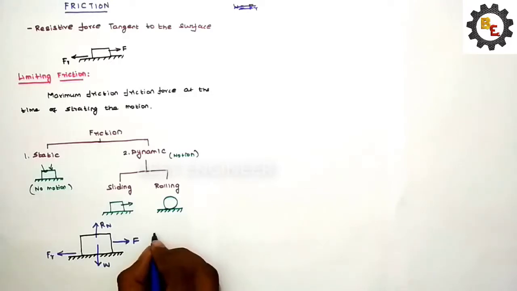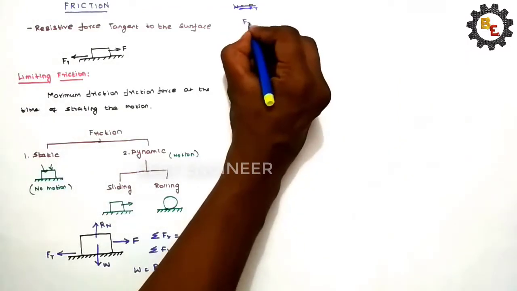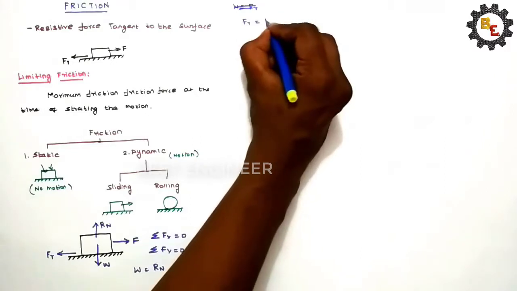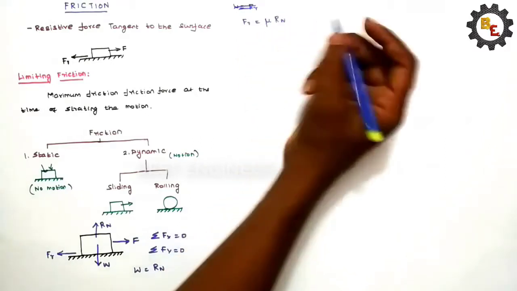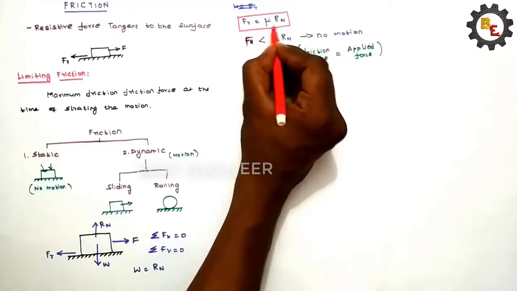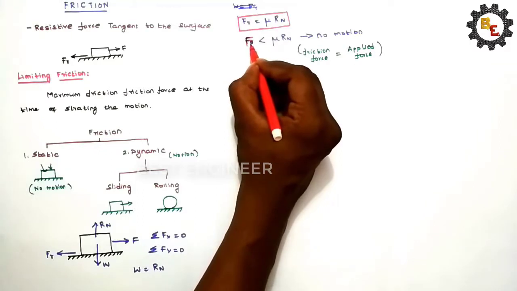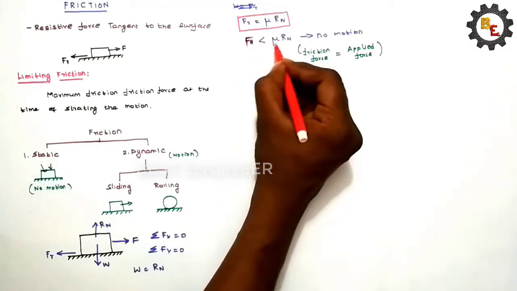Here summation of Fx equal to 0, summation of Fy equal to 0, so W equal Rn. The friction force will become friction force equal mu into Rn, normal reaction. This is the formula for the friction force. Friction force equal to mu into Rn, and the applied force, this one is applied force, F is less than friction force mu into Rn.